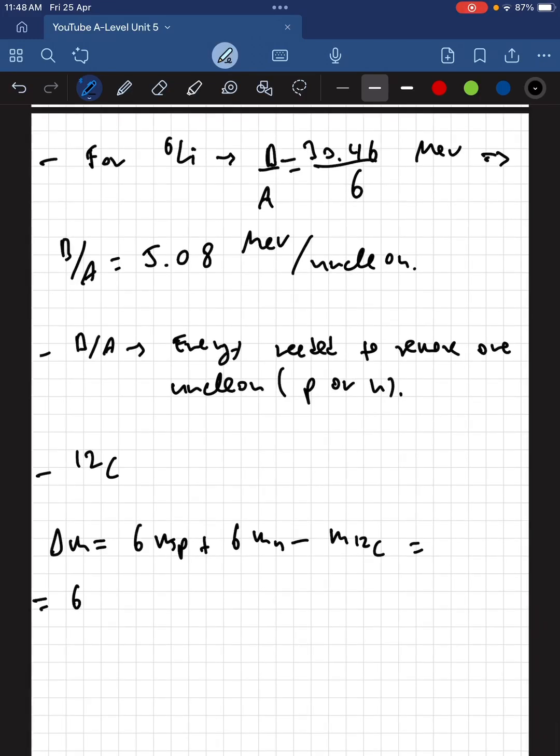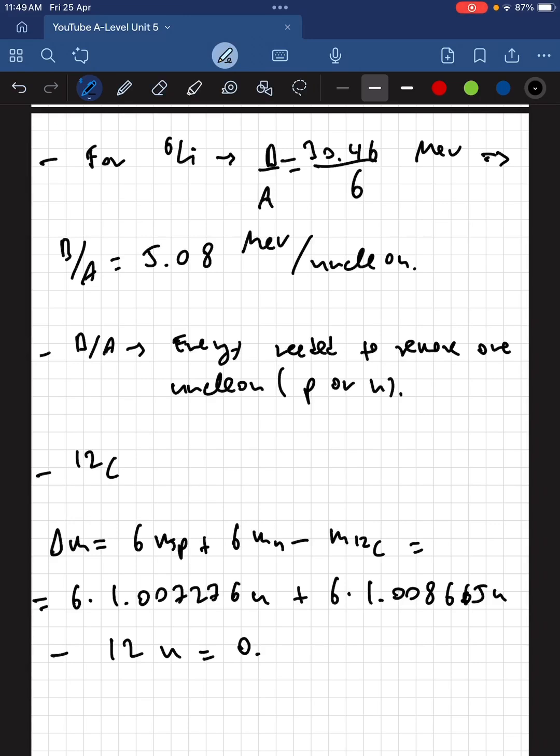So that's 6 times 1.007276 atomic mass units for protons plus 6 times 1.008665 atomic mass units for neutrons minus 12 u. Okay, remember that the atomic mass unit is defined as 1/12 of the mass of carbon-12. So there it is. So for carbon-12, the atomic mass is 12 u.